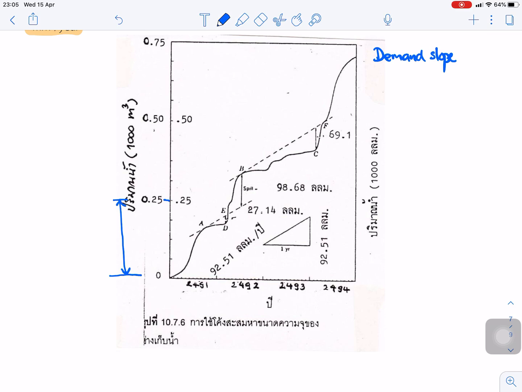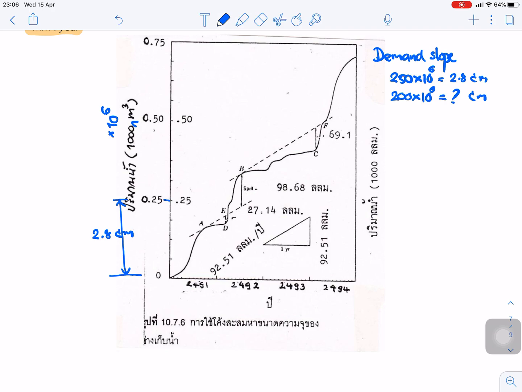So you can measure from the picture. For example, you measure that it's about 2.8 centimeter, and from this unit it should be 1,000 million. Okay, you can convert to find if the 2,000 is how many cent, and you can make the slope.